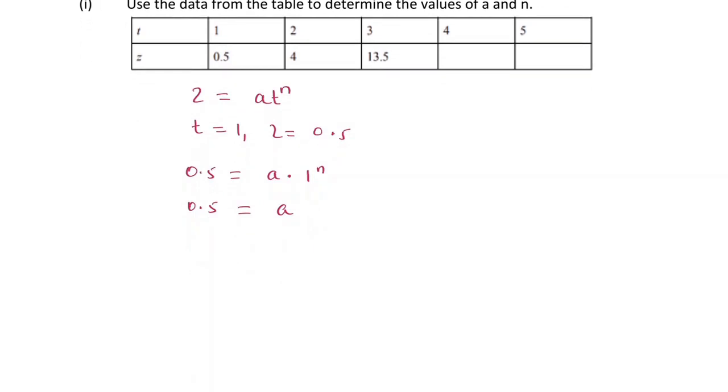Okay, so using the same formula, now we are going to take other values from the table. We are going to take t equals 2 and z equals 4, and substitute these values into our formula. We are going to have 4 equals a times 2 to the power n. But we have the value for a, which equals 0.5.